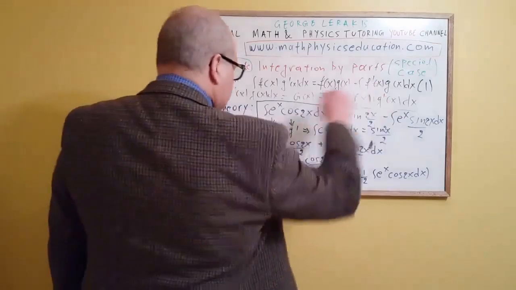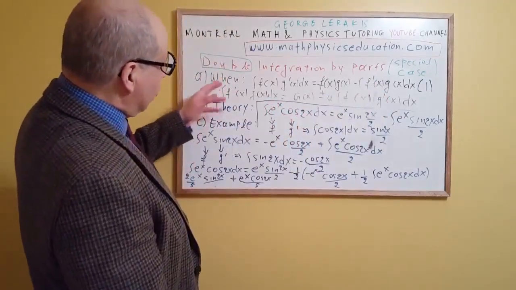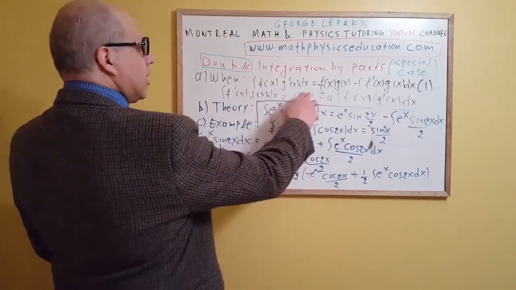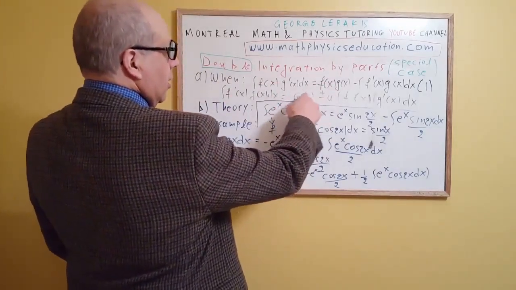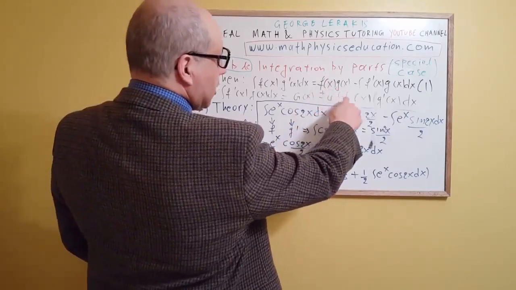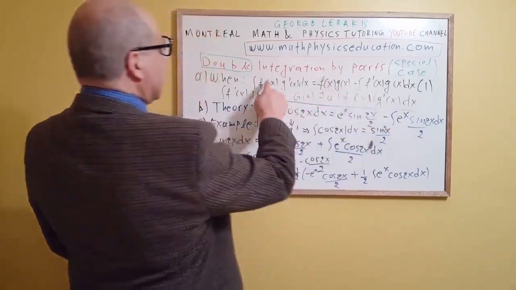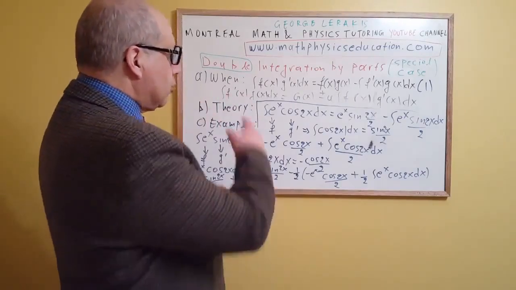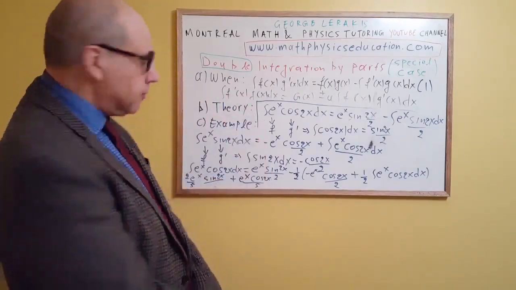So now when you have this here, you have to go and integrate again. And that will give you, let's say, an integral of g of x plus a constant times the integral that we started with. So that's when you have to do this double integration by parts.